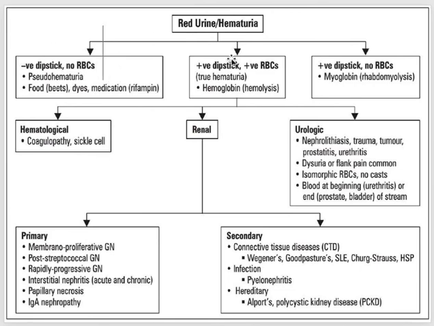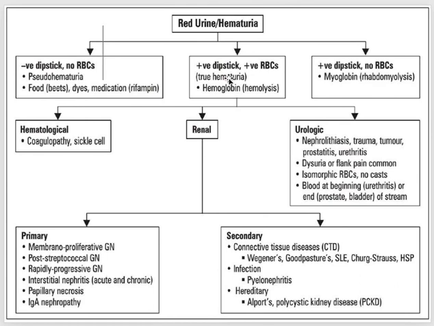These are the causes. When the dipstick was positive but there are no RBCs, remember it could be myoglobin in the urine, which can be the result of damage to the muscles. Myoglobin will be released and start appearing in the urine.